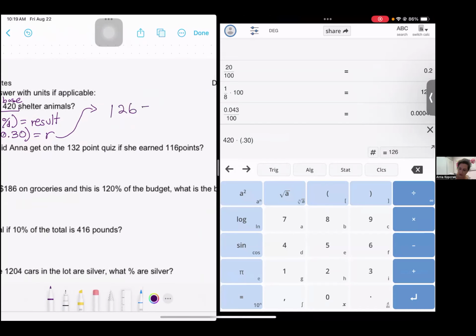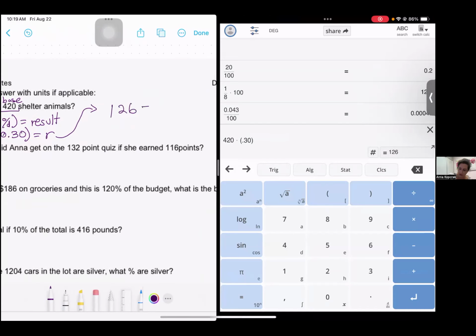Harris sold 30%. That percent sign tells me it's a percent, and I will need to convert it to its decimal form. In fact, right here, I'm going to say 30% is the same thing as 0.30 in decimal form. And then Harris's sales for that day will be the result. What was the result of the 30% being just Harris's?